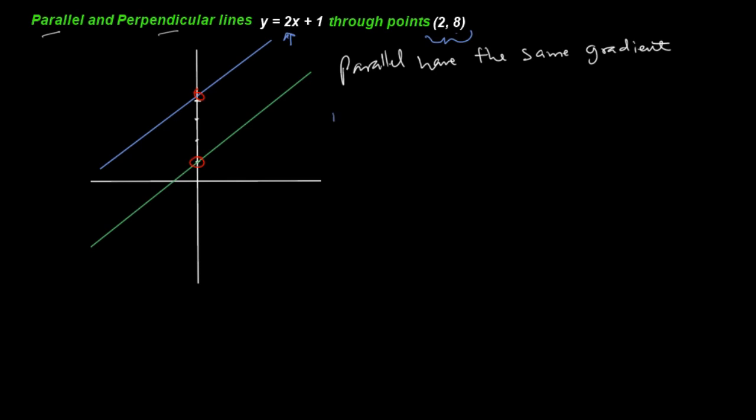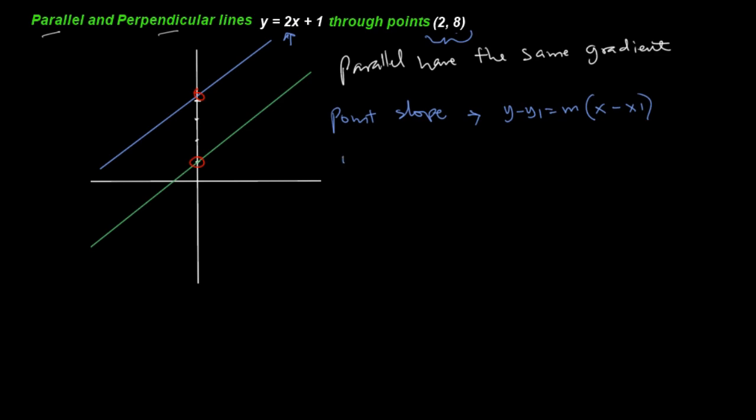So we are going to use the point-slope law, which is in the form of y minus y1 is equals to m, which is the slope, times x minus x1. Now we just have to plug in the values, whereby y1 is equals to 8.